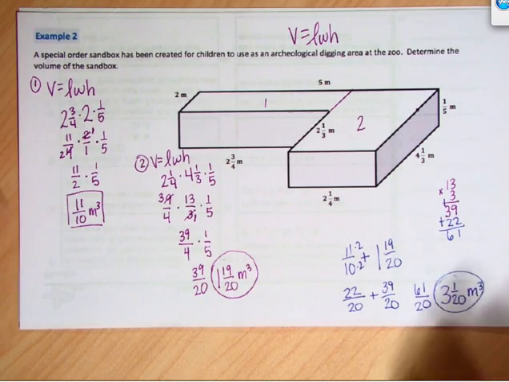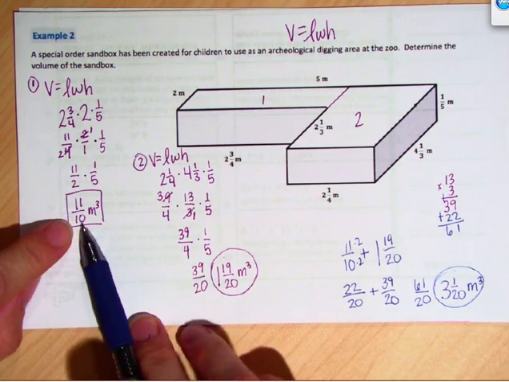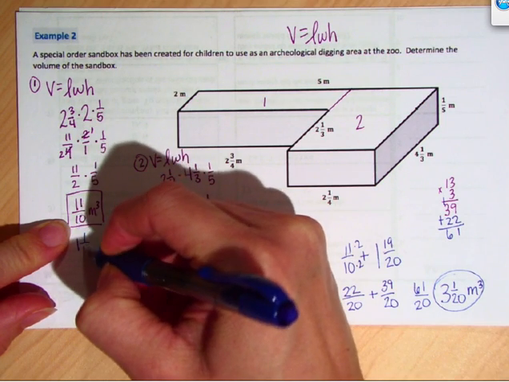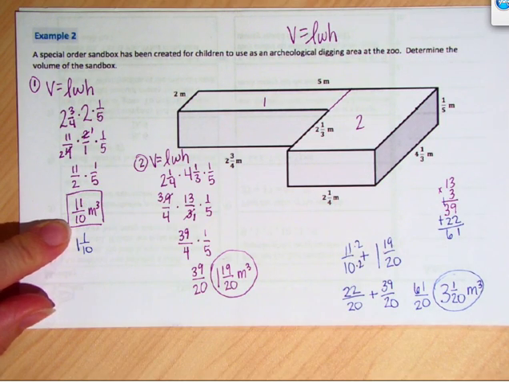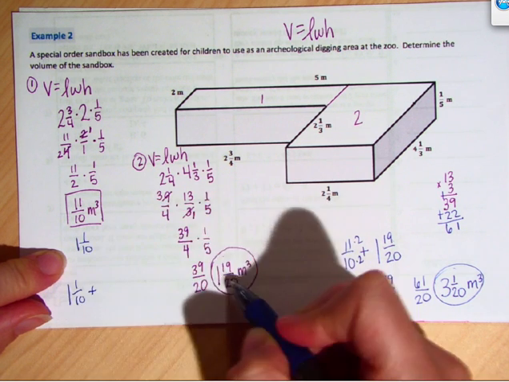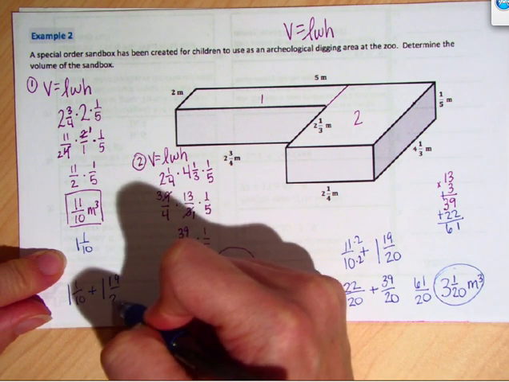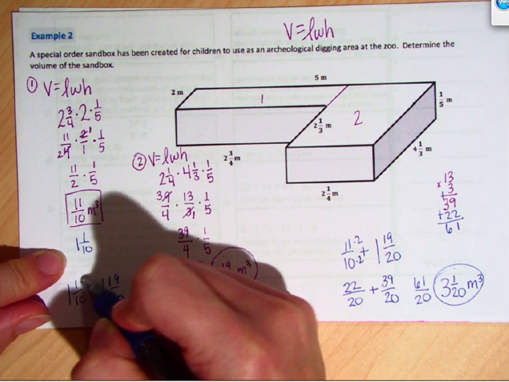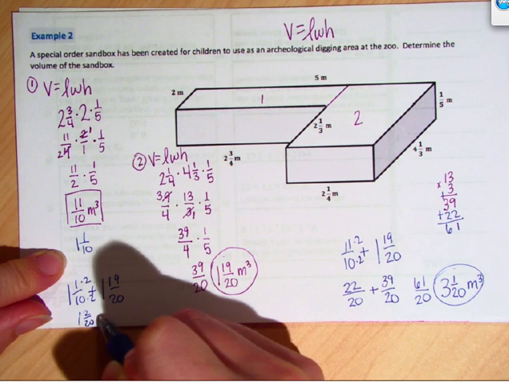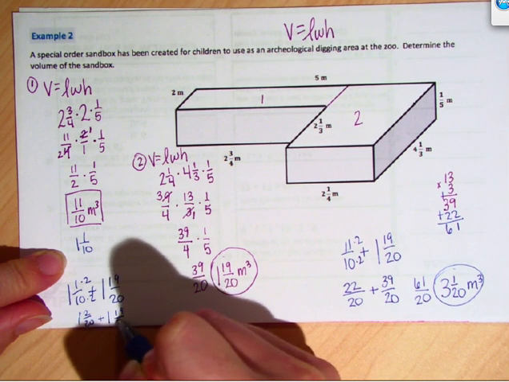Okay, let me show you what I did when I first practiced this. I should have changed this because it's improper. It would be 1 and 1/10. Okay, so then I did 1 and 1/10 plus 1 and 19 20ths. Then I changed this to 20ths, and I ended up with 1 and 2 20ths, 1 and 19 20ths.